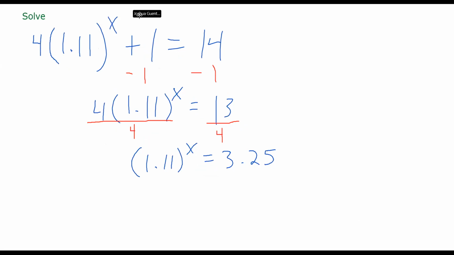So what we're going to need to do is take a logarithm of both sides. Technically, you can take a logarithm with any base that you want, but let's take a logarithm with a base that we can find in our calculator. So we're going to take the natural log of both sides.